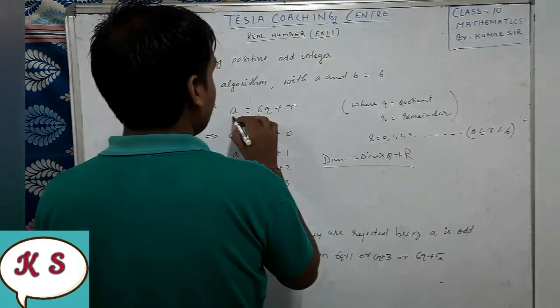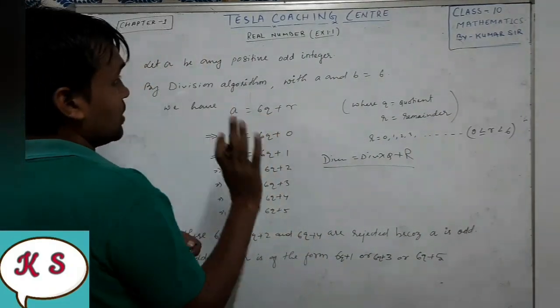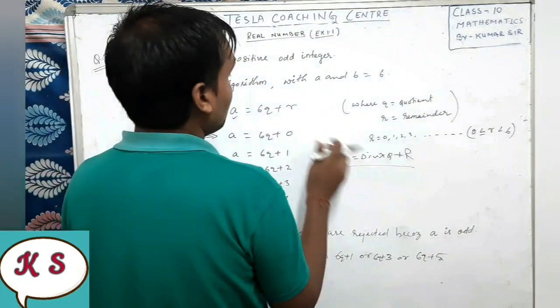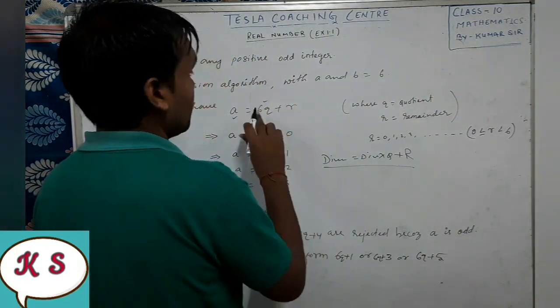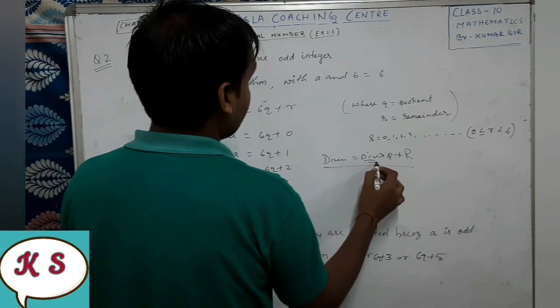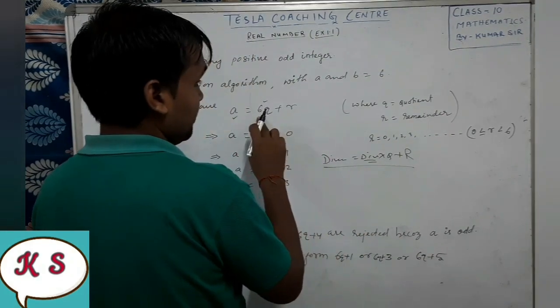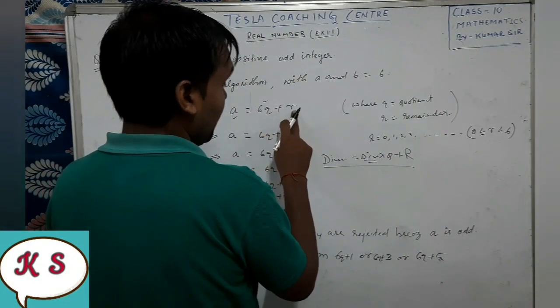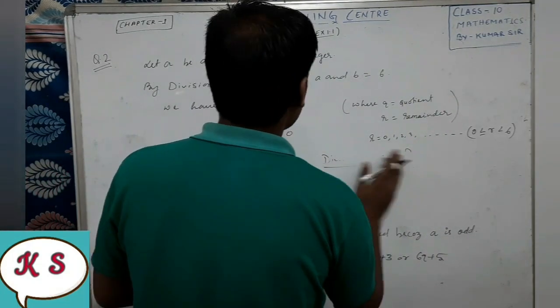Our dividend is a, because we have considered a as any positive integer, and our divisor is equal to 6, so a equals 6 into q plus r.